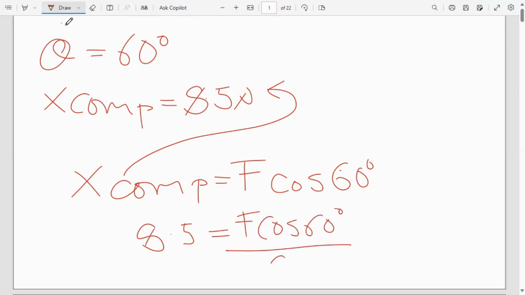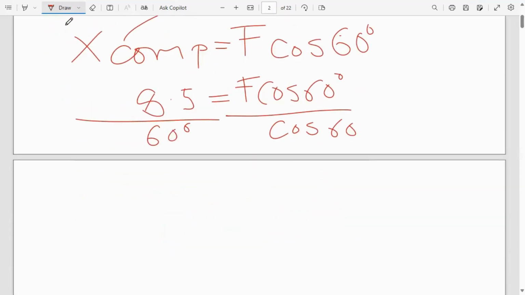So I'll divide both sides by cos 60 degrees, and this is going to give me, this will cancel out. F will be equal to 8.5 over cos 60 degrees.